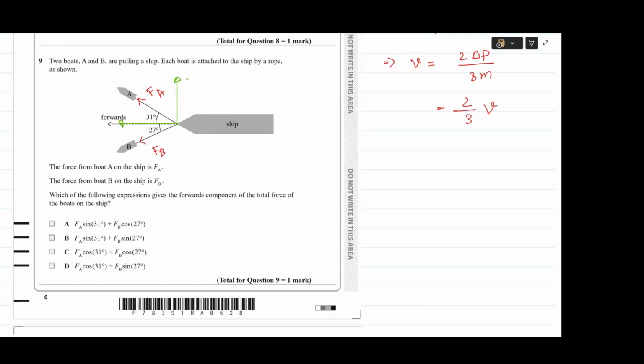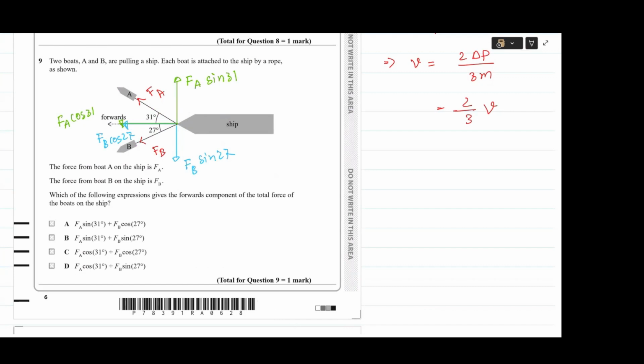So this is going to be Fa sin 31, and this is going to be Fa cos 31. For force B, the components are going to be this and this. So this is going to be Fb sin 27, and this is going to be Fb cos 27.